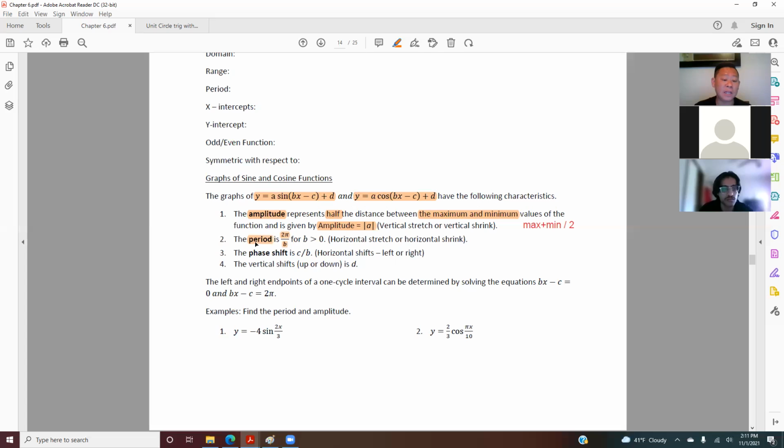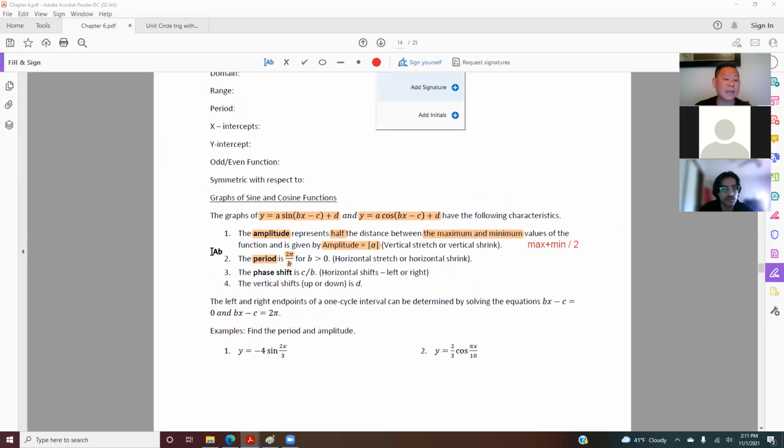So your period in this case is 2 pi over b. The shortcut for period is capital P. So capital P is your period, it's 2 pi over b, and b is the number next to your x. If you think about transformation, this is either a horizontal stretch or a horizontal shrink.